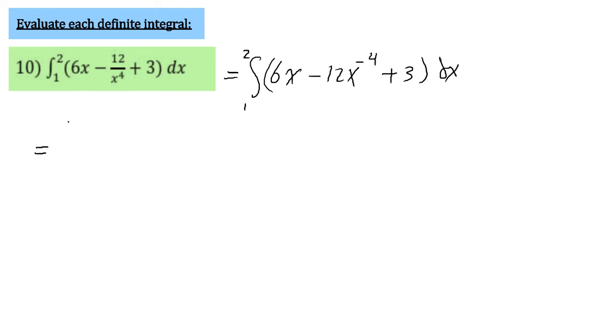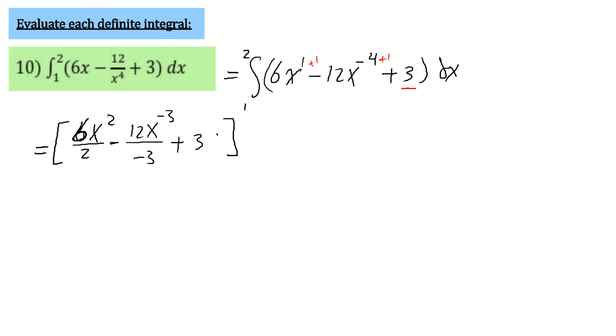So it's 6x, adding 1 to the exponent and dividing by the new exponent, minus 12, add 1 to the exponent, and notice that if it's a number you just add x. So it's x to the power of negative 3 now divided by negative 3 plus 3x.